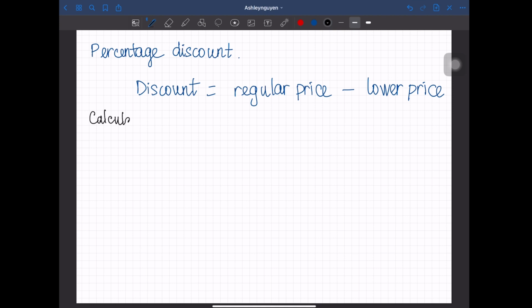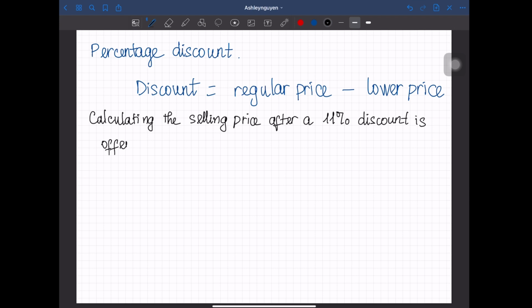Calculating the selling price after an 11% discount is offered on a laptop originally priced at $1,800.